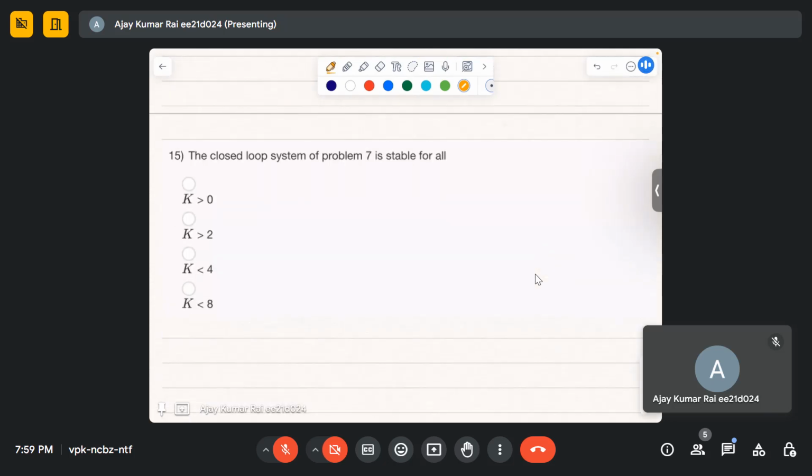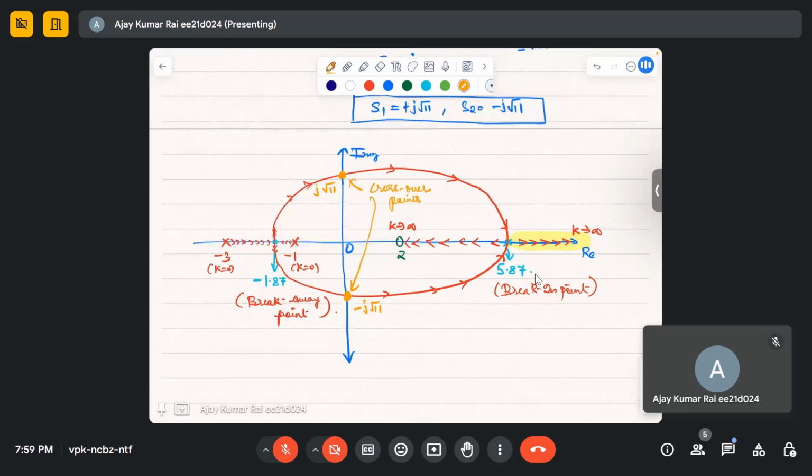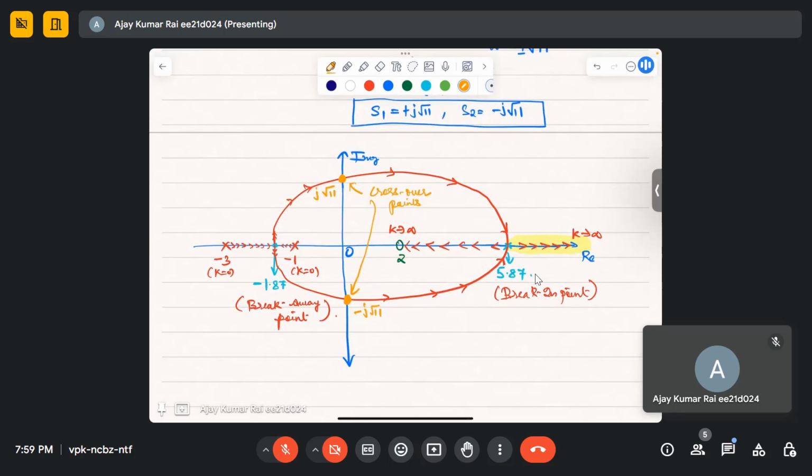So in 15, the closed loop system of problem 7 is stable for all. Let's just see the root locus and say when the system is stable. You see this is k equal to 0, and at this point k is equal to 4.